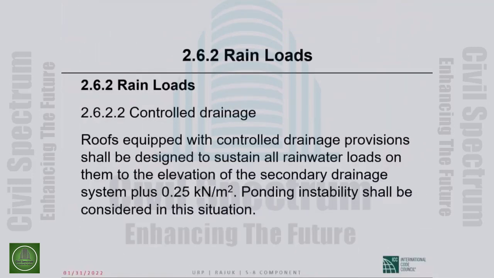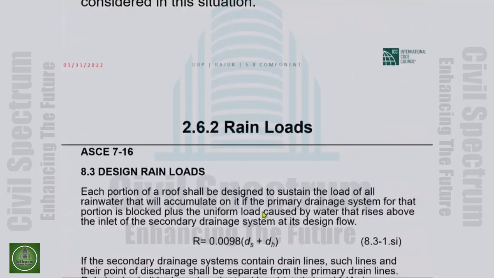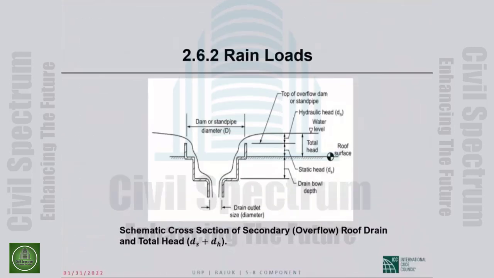Let's read that language. Roofs equipped with controlled drainage provisions shall be designed to sustain all rainwater loads on them to the elevation of the secondary drainage system. So to me, that would be all the water up to this level plus 5 pounds per square foot. That to me is something I understand. I do not have any problem.